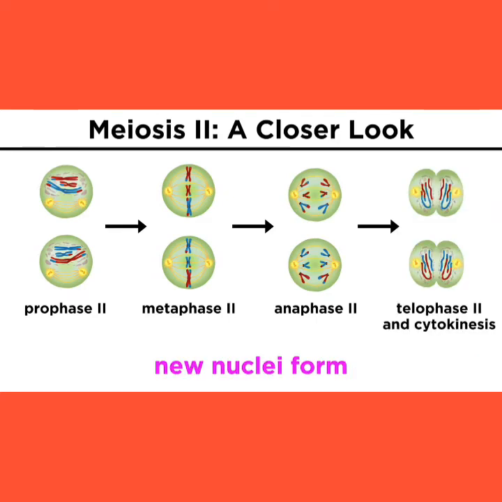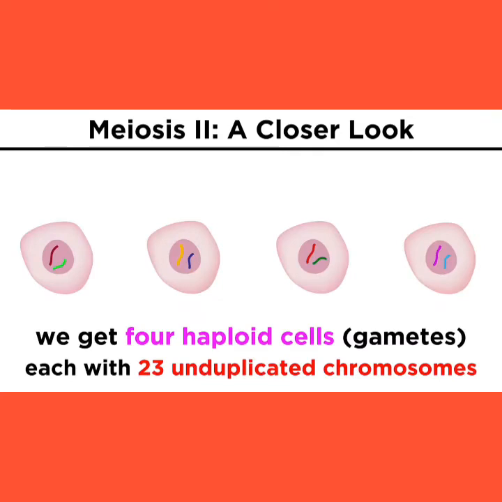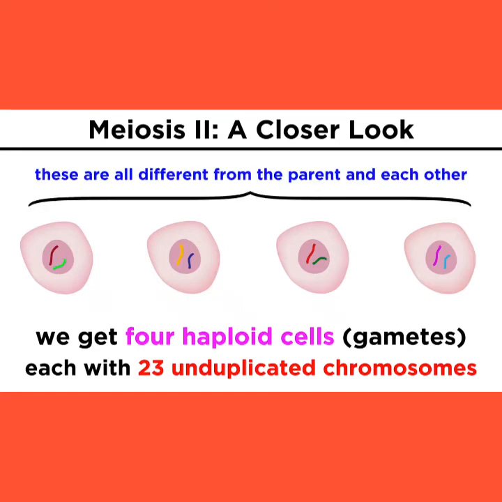Then telophase II and cytokinesis occur, where nuclei form and we are left with 4 haploid cells, each with 23 unduplicated chromosomes.